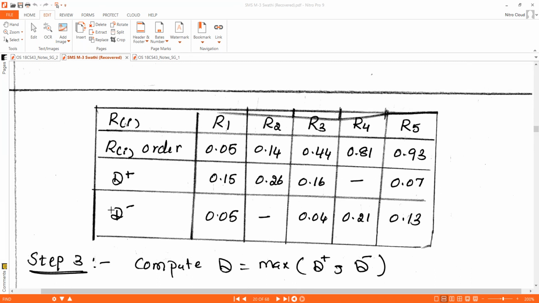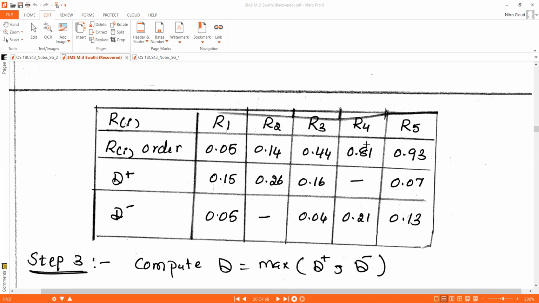In the same way, we'll copy the d minus values which we have computed. When i equals 1, we got d minus value 0.05. When i equals 2, we got the d minus value as negative, so we have neglected it. When i equals 3, d minus value is 0.04.